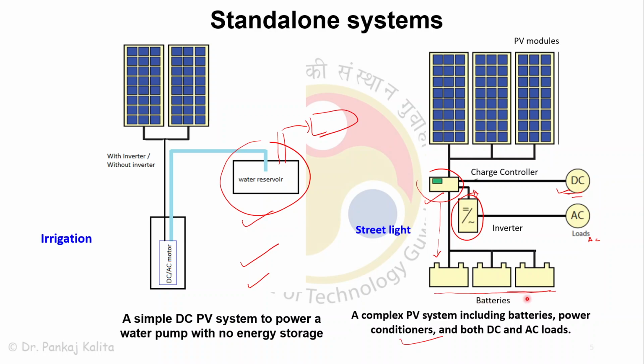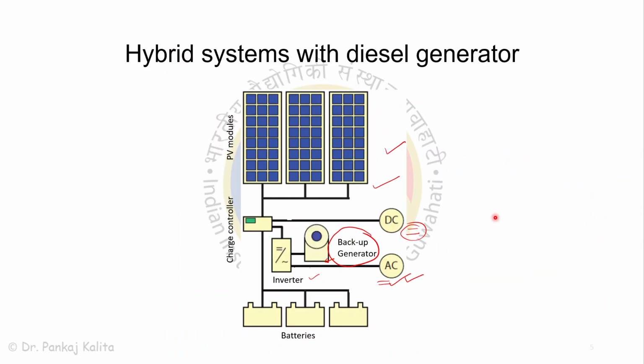A complex PV system including batteries, power conditioners, and DC and AC loads is seen on the right-hand side. This is important. This is a hybrid system. In most cases there is a solar PV module connected to a charge controller, then there is an inverter and a battery bank to convert this DC to an AC supply.